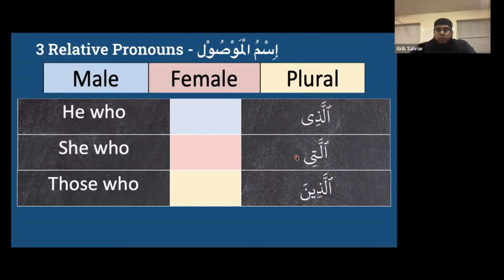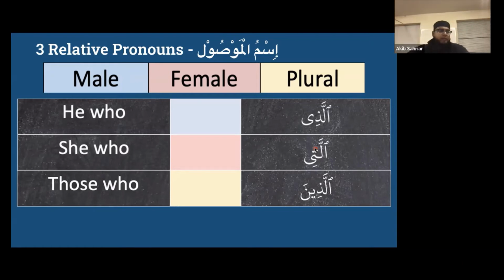So we could use allati over here: ummatun allati, that came after the prophet or something, or that came after a different prophet, right? So allati would be the correct word to use for ummatun, right? But you cannot use allati for kitab, or a masculine noun, or a male person, right? So that's strictly for a feminine word or feminine noun, right?